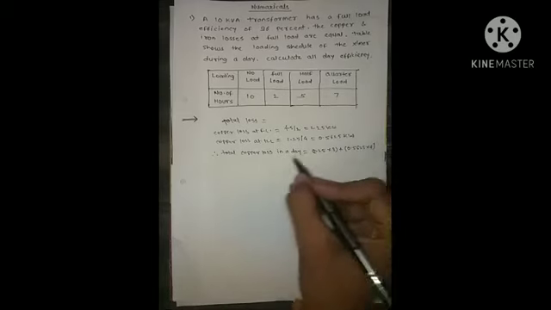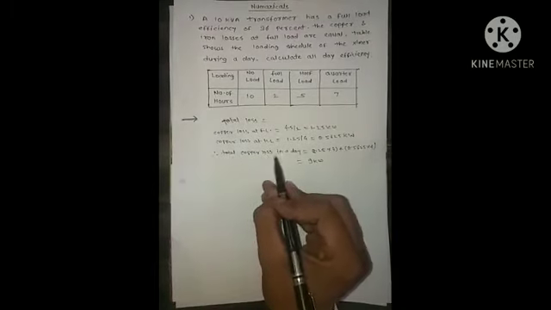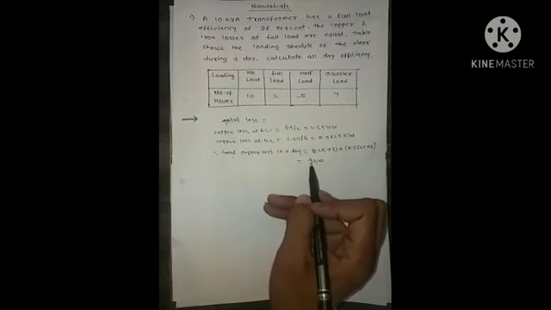By solving this we will get 9 kilowatt. So the total copper loss in a day equals 9 kilowatt.